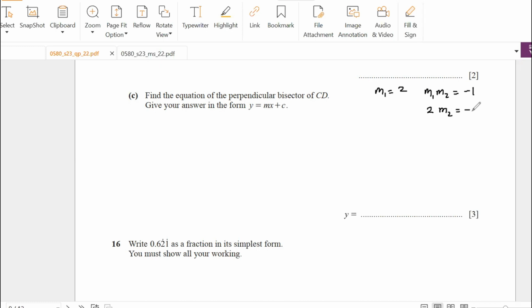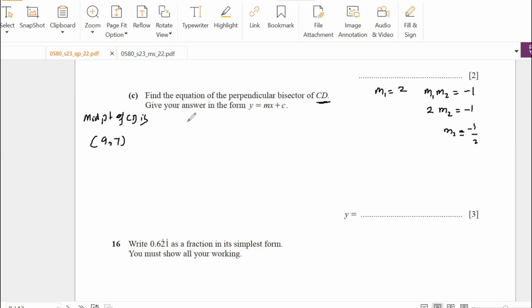So m2 is equal to -1/2. And of course, this perpendicular bisector passes through the midpoint of CD, which we already know is (9, 7), that we found in the first part.